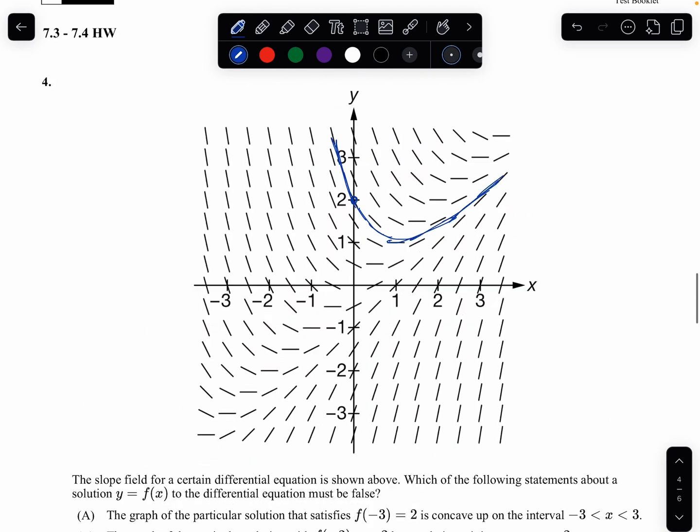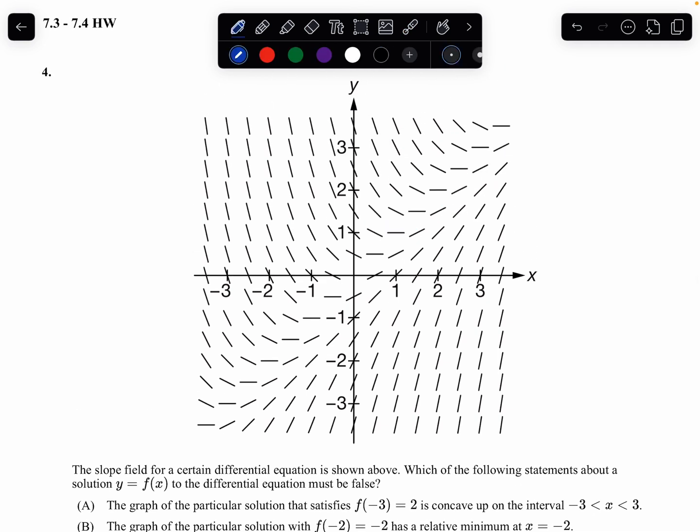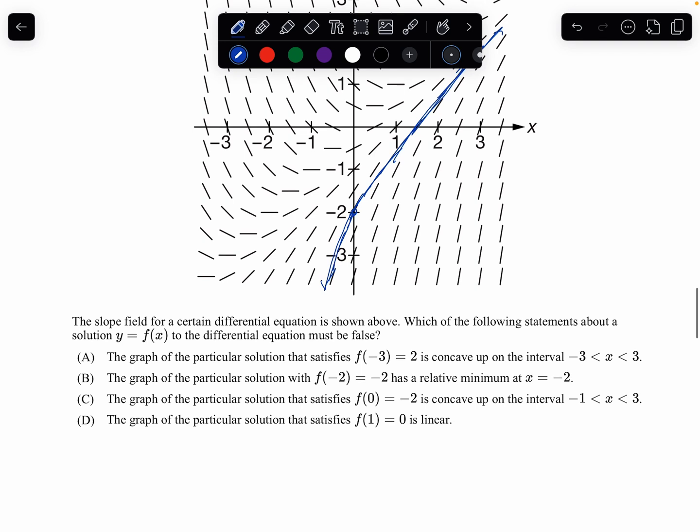Yes. Okay. Oh, wait, hold up. 0, negative 2. My bad, not 0, 2. 0, negative 2. I'm going with the flow, so it might look something like that right there. Is concave up.